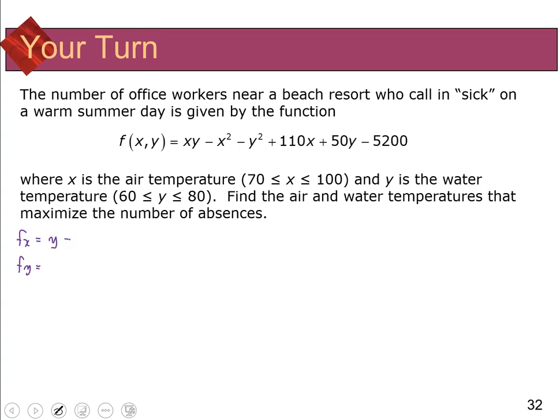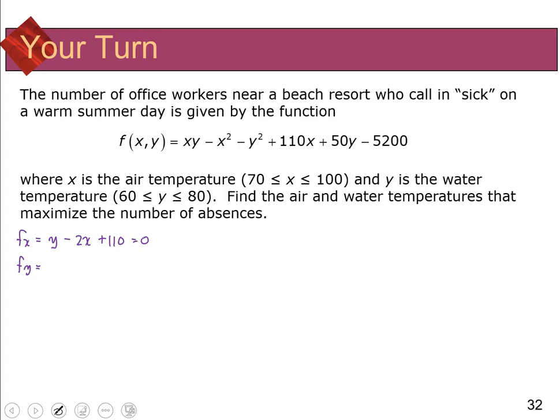The derivative of x squared with respect to x is 2x. The derivative of y squared with respect to x is 0 because y squared would be considered a constant. The plus 110x would become a 110. And the plus 50y and minus 5200 would both be considered constants, so they would become 0. And I will be setting this equal to 0 because the critical point is going to be at a place where that happens.